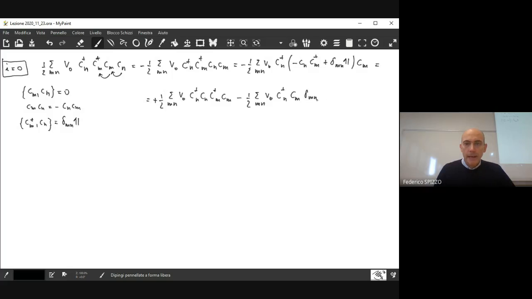If we apply this delta, this transforms into 1/2 sum over m and n of V0, where we have the number of particles operator corresponding to level n and the number of particles operator corresponding to level m. Then minus 1/2 sum over m of V0 C cross n Cn.